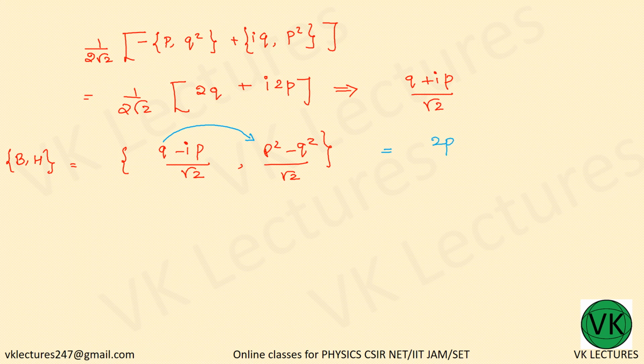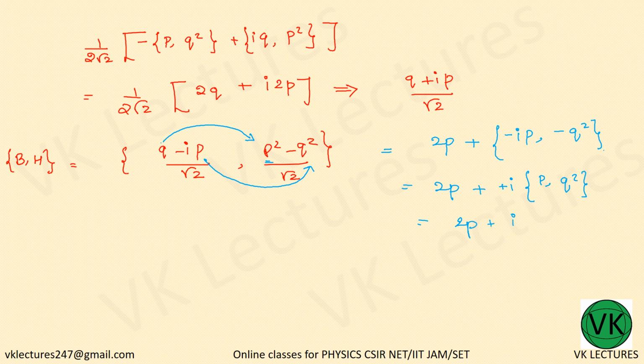And q with the q square gives you 0, and ip with p square gives you 0, and ip with the minus q square, so minus ip comma minus q squared, so that's equal to 2p plus minus ip, so minus I p comma, minus and minus gives the plus sign, so p comma q square, so that's 2p plus I, p comma q is minus 1, q square is 2q, so minus 2q.